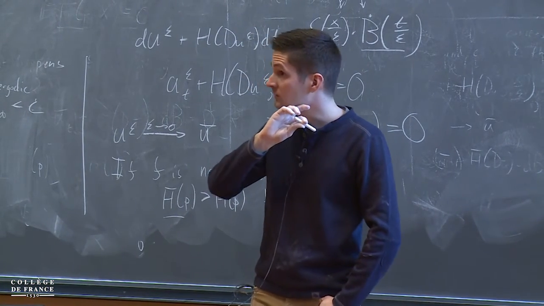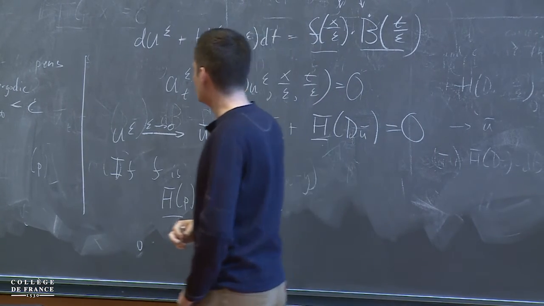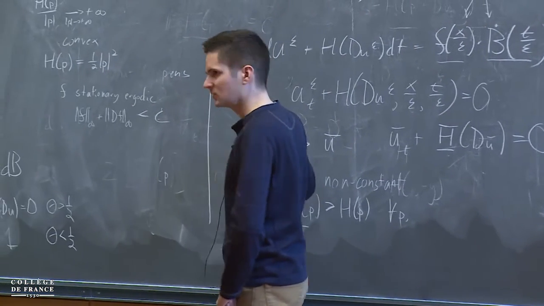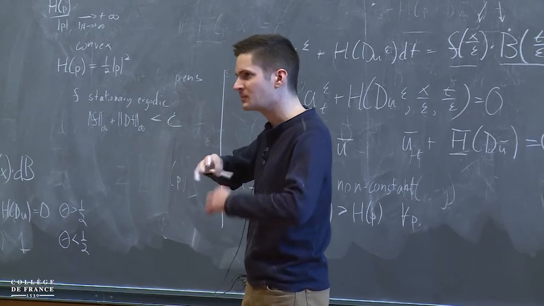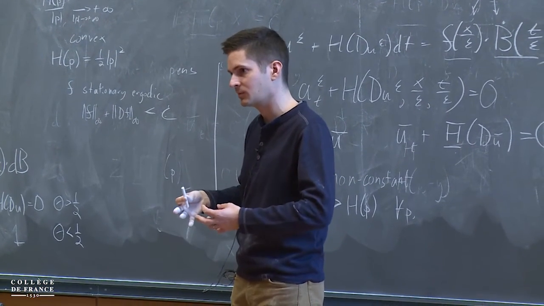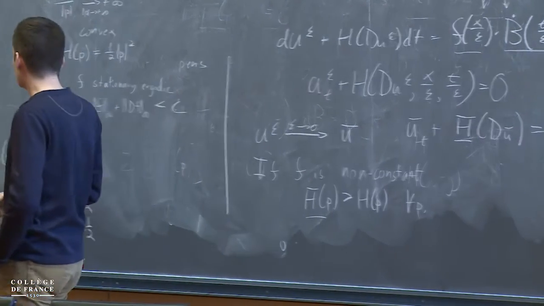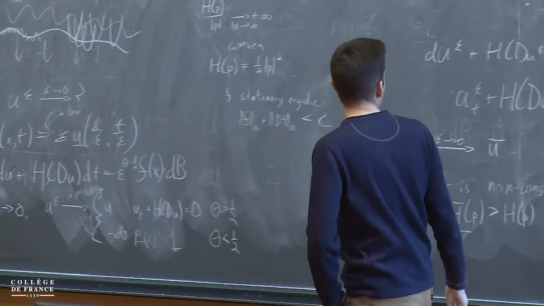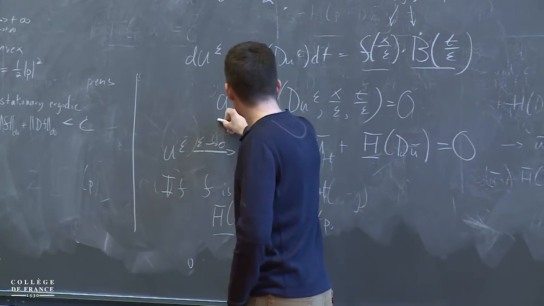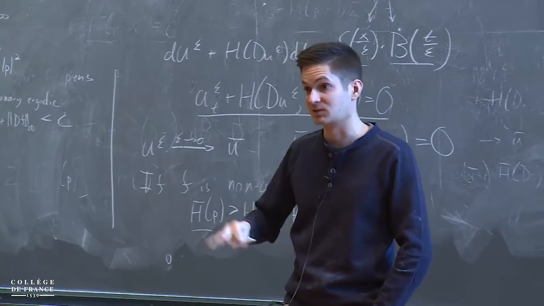What I will also need, a very important tool in the analysis, is regularity of u epsilon. I will just need some kind of modulus of continuity for u epsilon, even local in space-time, that is uniform in epsilon, that doesn't depend on epsilon. And this is where things get very complicated. Because again, for such equations, this kind of regularity question has been studied.